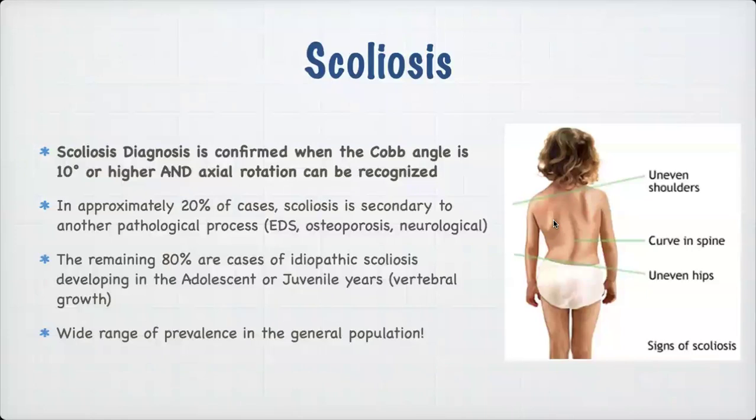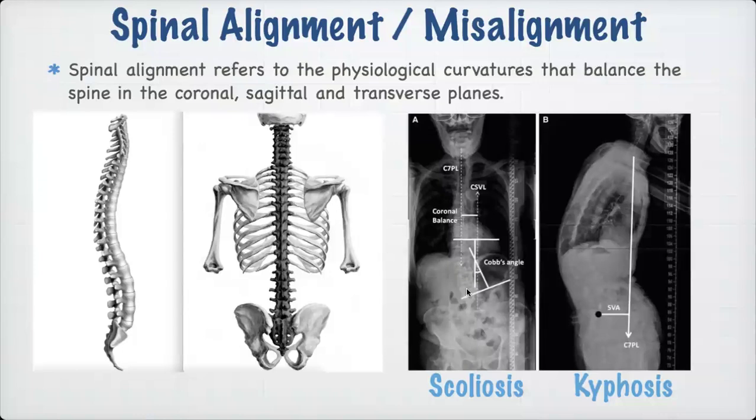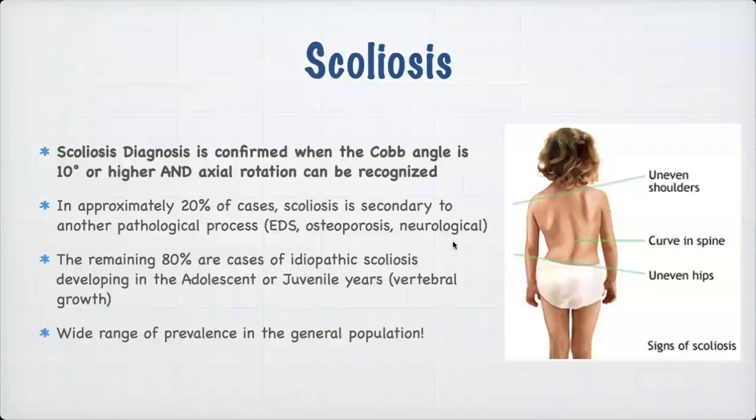So we call it scoliosis when the Cobb angle, and here is the Cobb angle, I'm not going to go into extreme detail about how we do this measurement, is 10 degrees or higher and there is a rotation in the spine. In approximately 20% of cases, scoliosis is secondary to another pathological process.